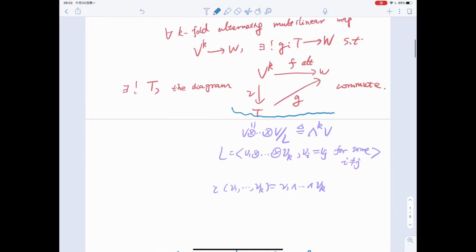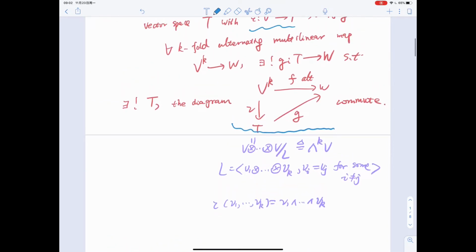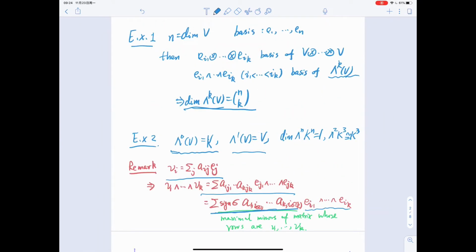We write this T as Lambda^k V, and tau of (v1, ..., vk) is v1 wedge v2 wedge ... wedge vk. Next, we give some examples.